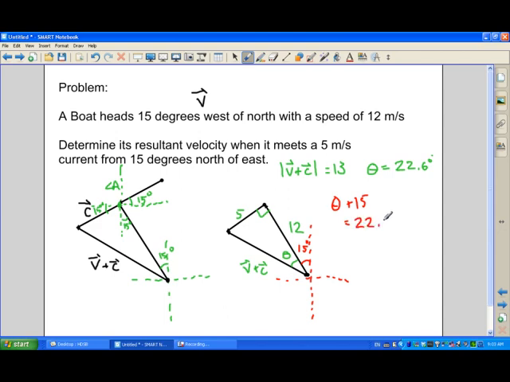So 22.6 plus 15, I end up with an angle of 37.6. Just to end this question, a little therefore statement: the velocity is 13 meters per second, and I'm traveling north 37.6 degrees to the west.